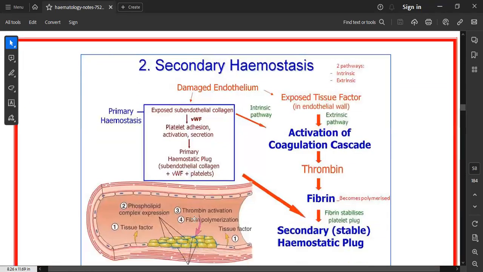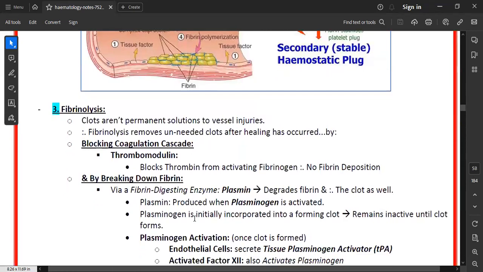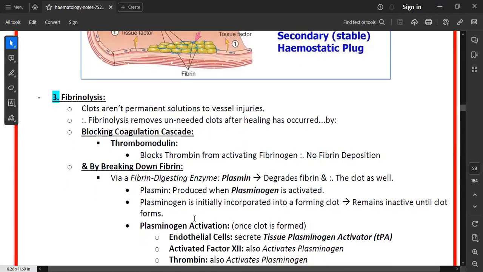So this one is still done. Since the formation of the clot is not something permanent, once the vascular wall is repaired, the fibrin mesh has to be destroyed so that a state of normalcy can be reachieved.